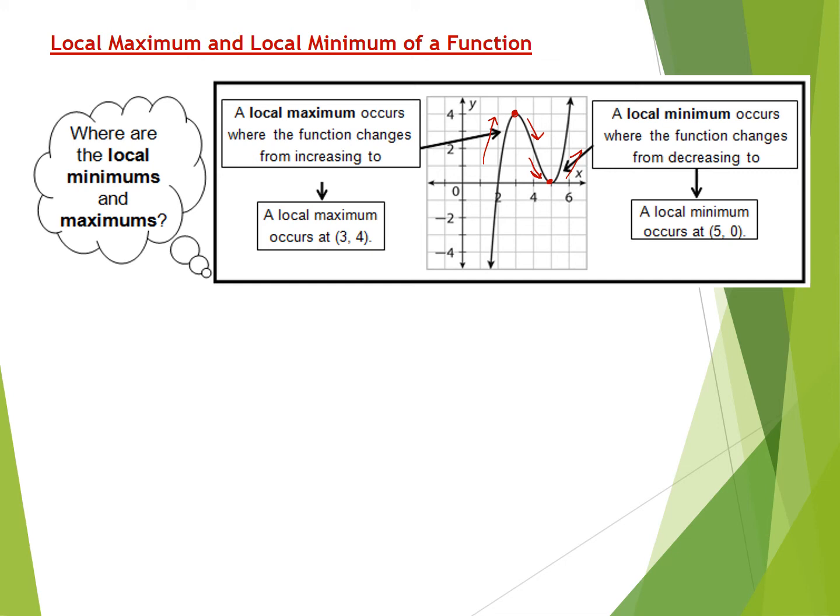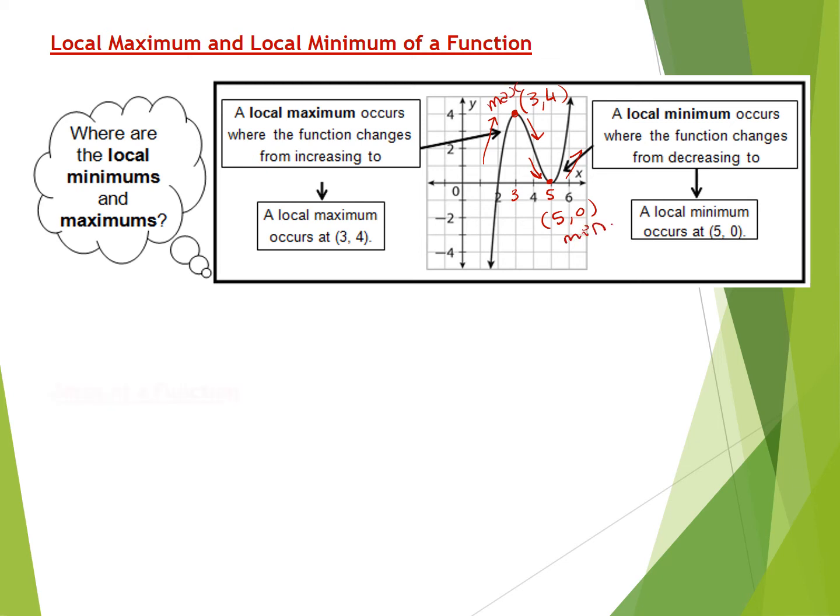So this point is 3 and 4, and this point is 5 and 0. So here's the local maximum, and here's the local minimum.